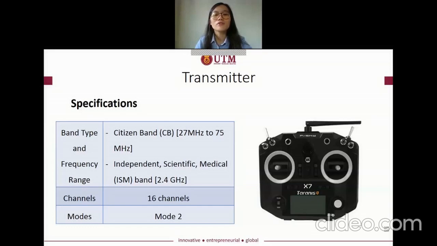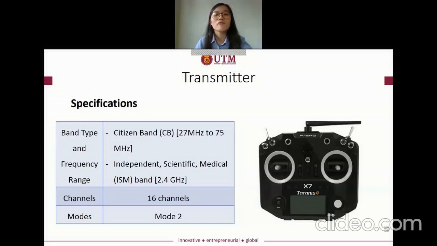The main advantage of using this frequency band is that frequency hopping spread spectrum, FHSS, is used. It means that the system allows the transmitter frequency to jump between a whole range of different channels. The data is transmitted when both the transmitter and receiver hop to a common random sequence of frequency.